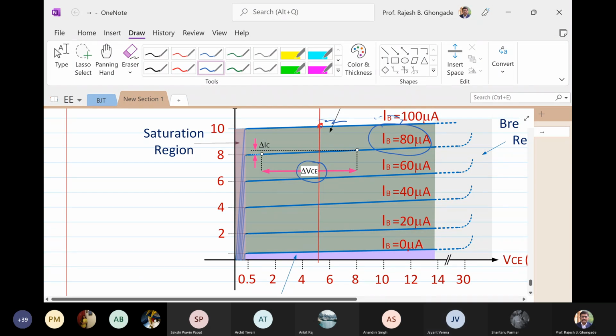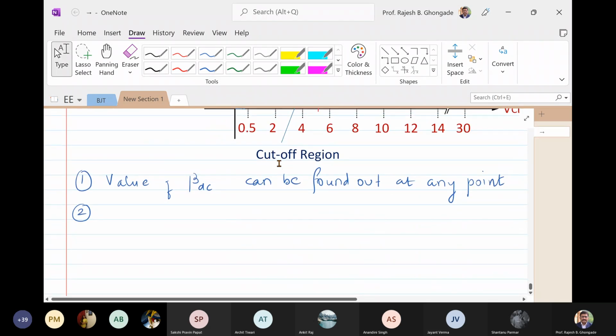Yes, sir. So what will be the output resistance? By the way, how do you define output resistance? RO is output voltage divided by the output current, at constant value of some input current. So here we have delta VCE divided by delta IC at constant value of IB.